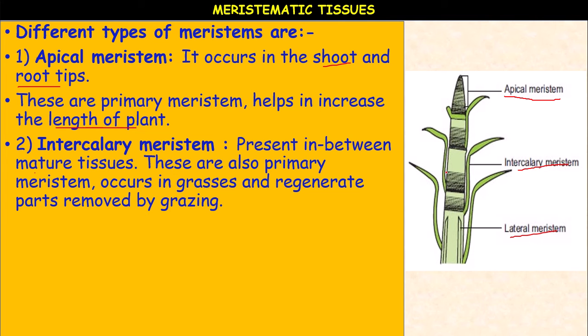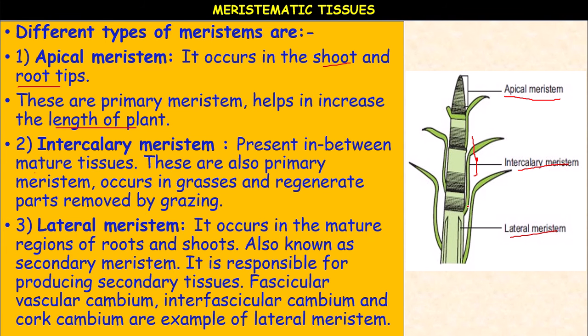These help in elongation. They help in elongation of the organs and are commonly found at the bases of leaves and above, or below the nodes. Example, grasses. Below the nodes they are present. Example, mint you can take.